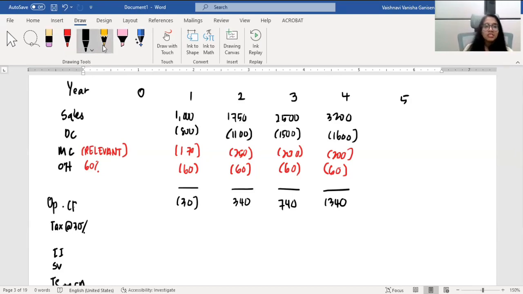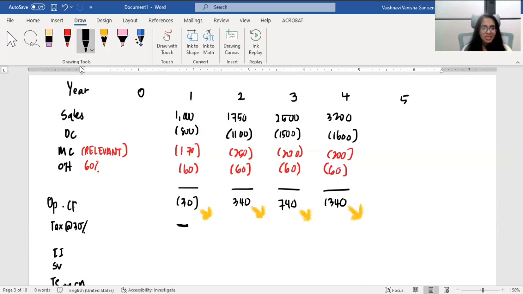Now please remember that your tax is paid in arrears here. That means the year one column for tax is always going to be 0. So guys, remember what I told you. The moment you have tax paid in arrears, put this 0 first because you don't want to make that mistake.